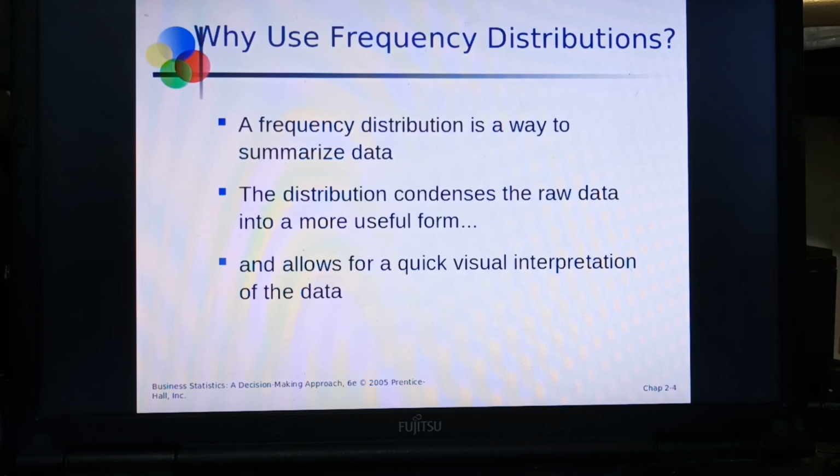A frequency distribution is a way to summarize data, to make sense of it. Then the distribution condenses the raw data into a more useful form, and it allows for a quick visual interpretation of a data set.